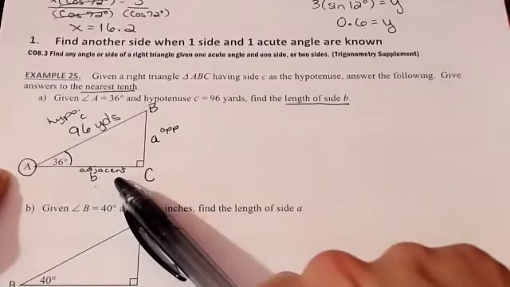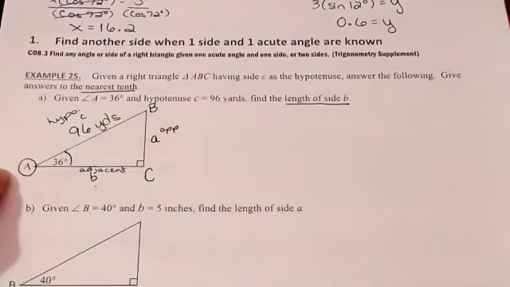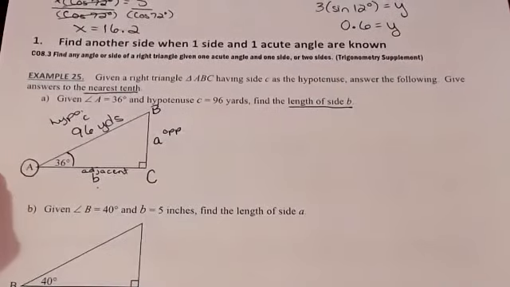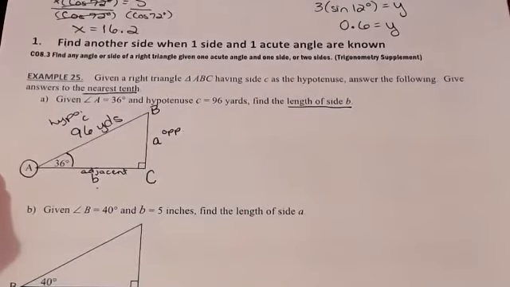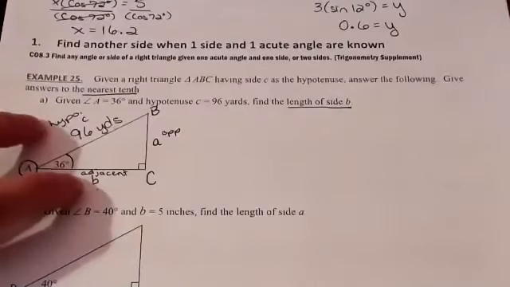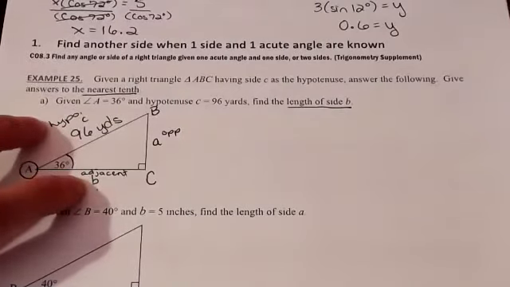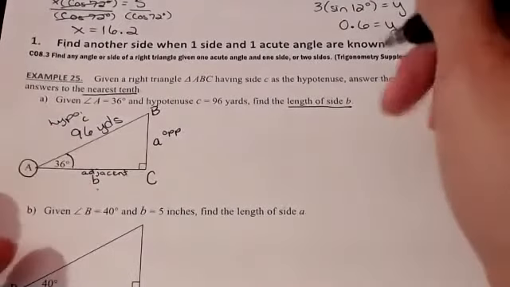Side B is adjacent. The only other piece of information we were given is the hypotenuse. So if I have to find adjacent and I was given hypotenuse, which trig ratio would you be using? Which trig ratio deals with adjacent and hypotenuse? Cosine, yes, perfect.